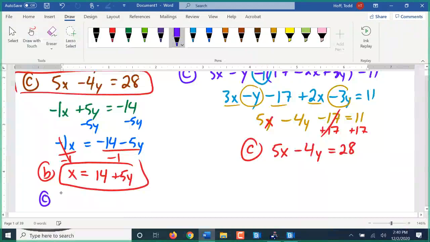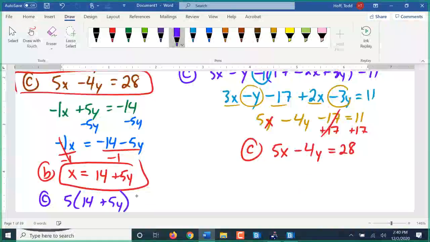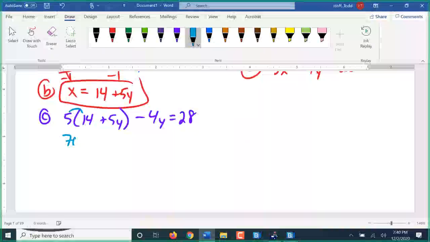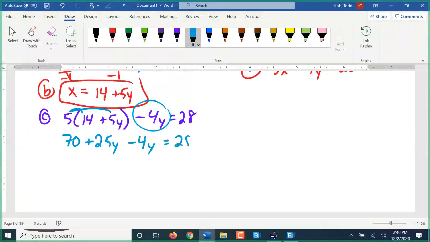So instead of 5x, it's 5 times 14 plus 5y, minus 4y equals 28. And so now we're going to do some combining. We'll do the 5 times 14 is 70. 5 times 5y is 25y. The negative 4y is not in the parentheses, so it does not get multiplied. Still combining. 25y and negative 4y is 21y.